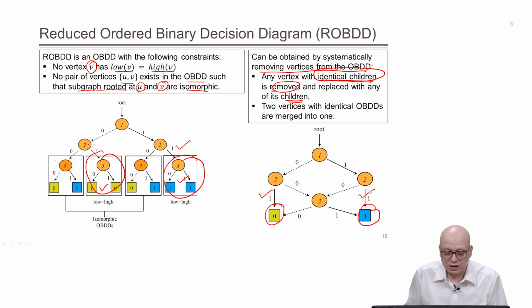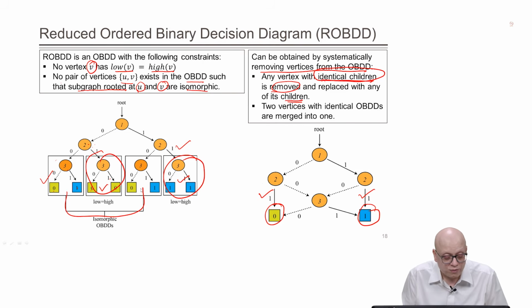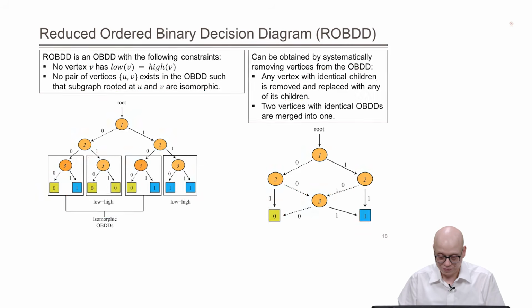Now, these two vertices 3 were identical, these two vertices had isomorphic OBDDs, so we removed one of them. So, we have this vertex 3 whose 0 edge goes to 0 and 1 edge goes to 1, and both this and this point to the same vertex. This is how we can create an ROBDD from a given OBDD.